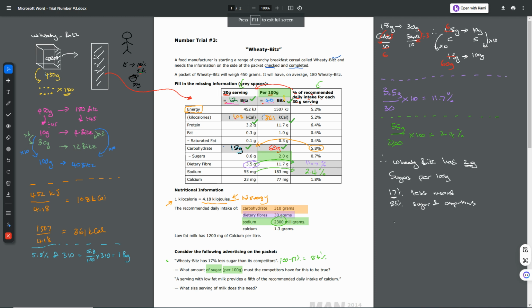So if I put this into maybe some kind of table, a table of values, 2 grams represents 17%, right? 83% must be what amount? Now, to go from there to there, we got to take 17 and divide it by 2. And 17 divided by 2 is going to be 8.5.